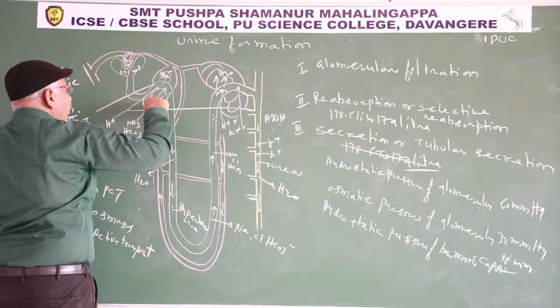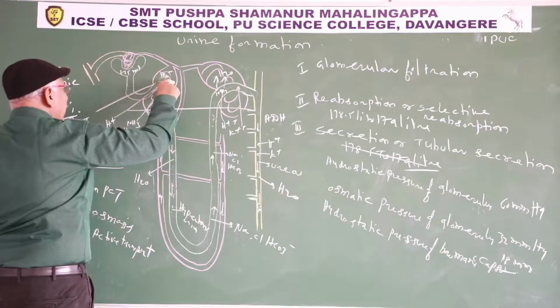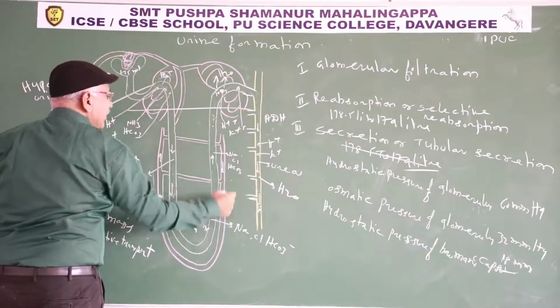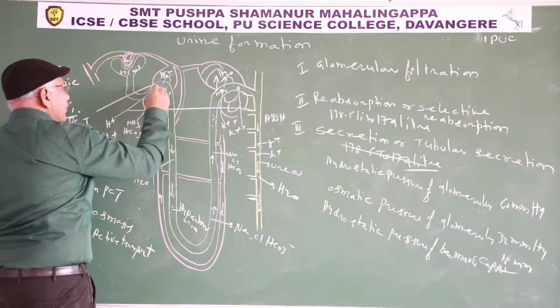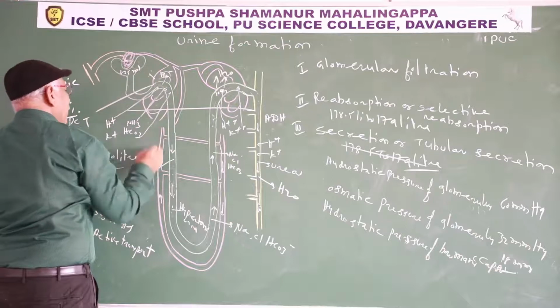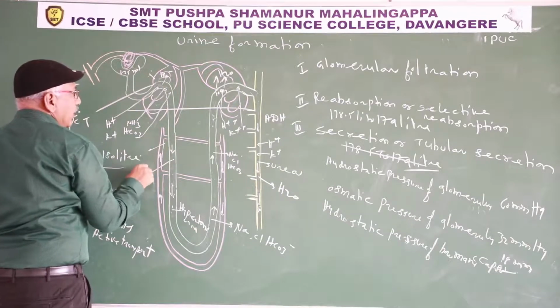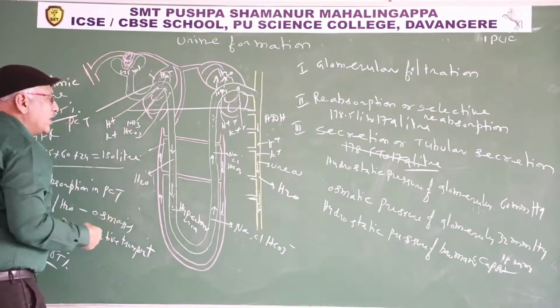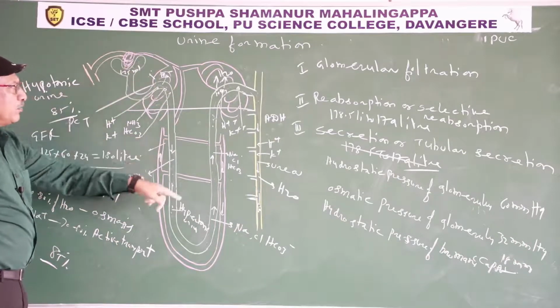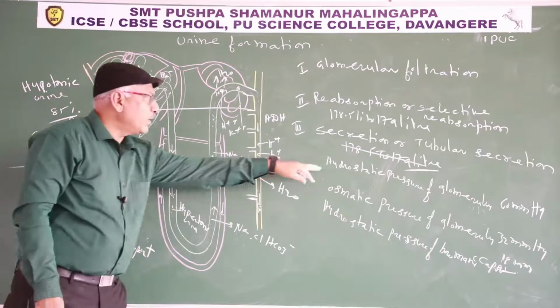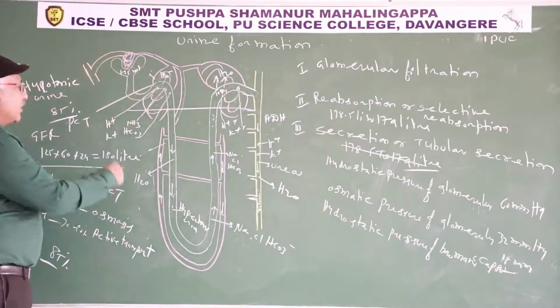While blood is passing through the peritubular network around PCT, DCT and loop of Henle, some substances escape into cortical fluid and medullary fluid. These substances are later released into the lumen of the nephron. It is known as secretion or tubular secretion.